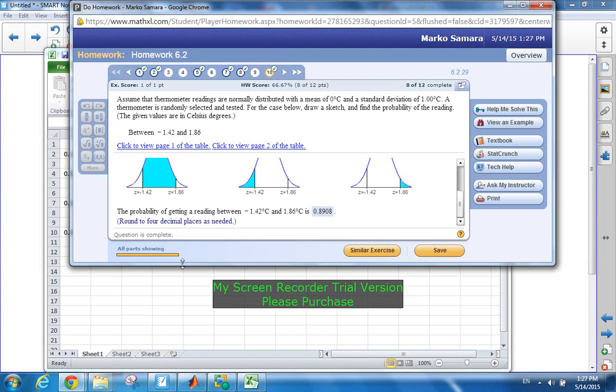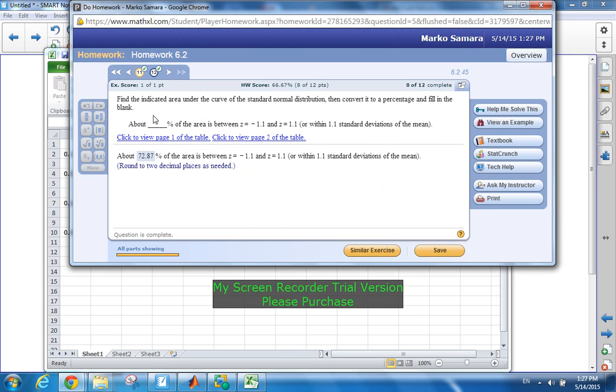Next problem. Problem 11. Find the indicated area under the curve of the standard normal distribution, then convert it to percentage and fill in the blank. Okay, so actually I will do a similar exercise, between negative 1.9 and 1.9.